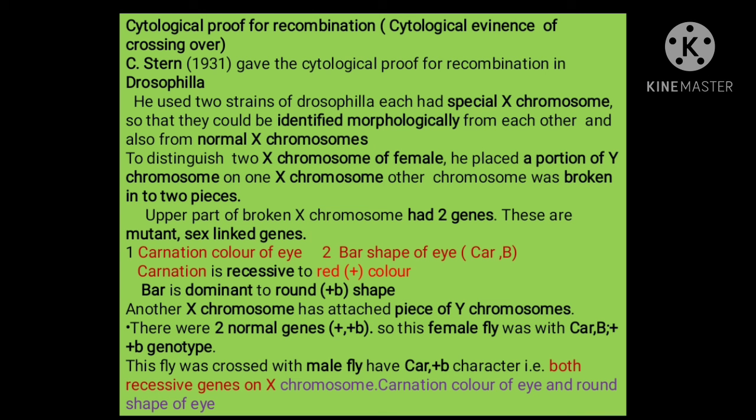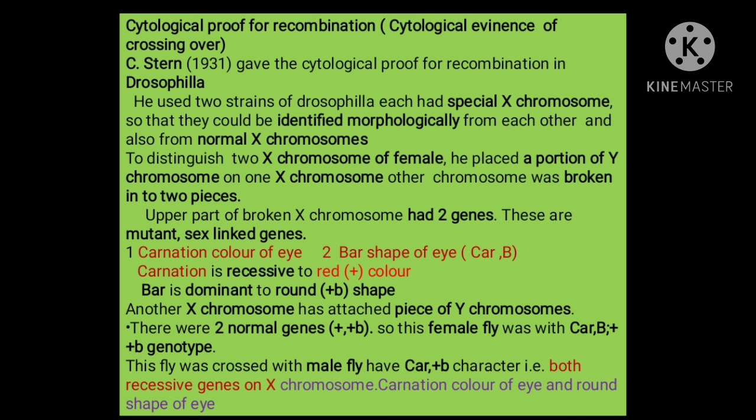Cytological proof for recombination, or cytological evidence of crossing over. Stern in 1931 gave the cytological proof for recombination in Drosophila. He used two strains of Drosophila. Each had a special X chromosome so that they could be identified morphologically from each other and also from a normal X chromosome.